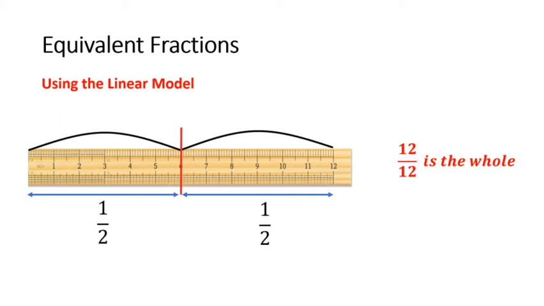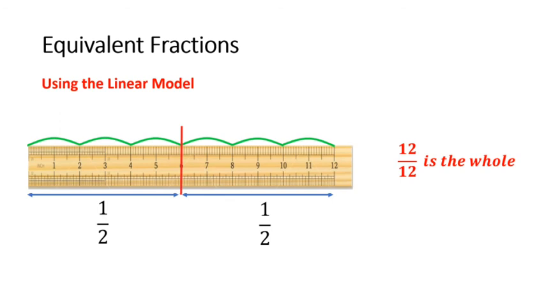Now, we are looking for equivalence to a half. If I were to further divide the ruler into 6 equal parts, how many times can you leapfrog to be equal to a half? Looking at the section to the left of the red line, we can see there are 3 out of the 6 leapfrogs.